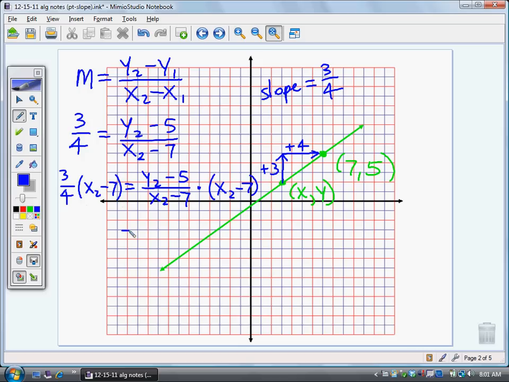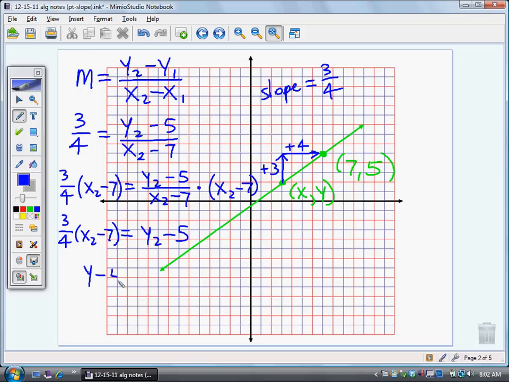When you do that, the left side is going to stay just as it is, 3/4 multiplied by x sub 2 minus 7. And the right side, since I have a fraction, and I'm multiplying it by x sub 2 minus 7, which can be looked at as a whole number, the denominator in my fraction is the same as what I'm multiplying by, so I'm left only with the numerator, which is y sub 2 minus 5. Now if I go ahead and get rid of the subscripts, and I'm also going to use the symmetric property here, I'm going to bring the y's to this side.